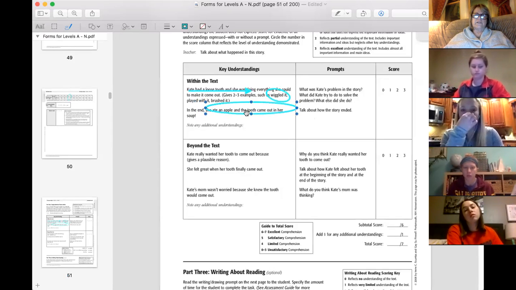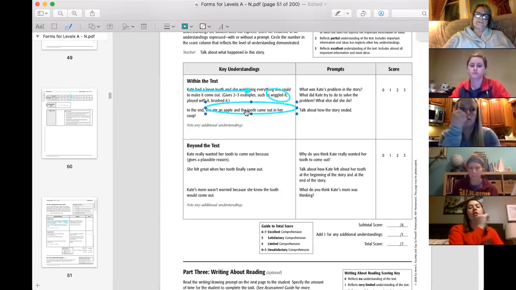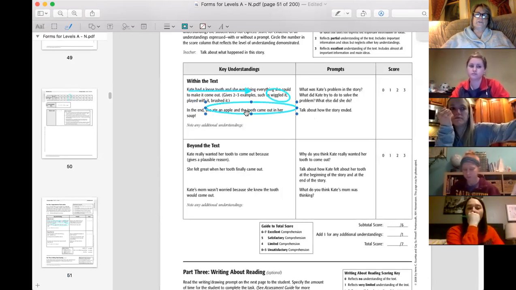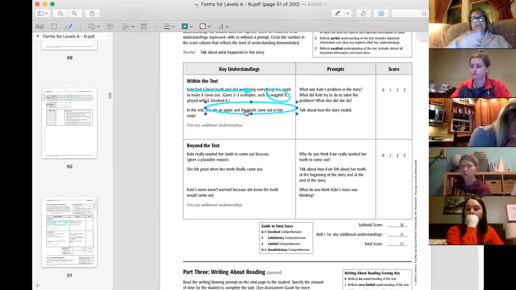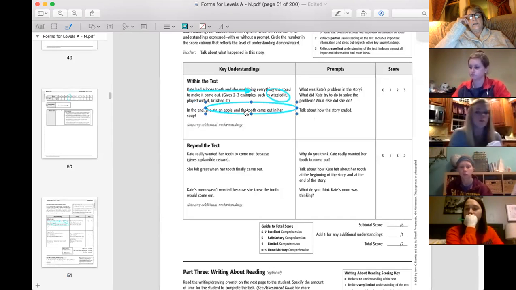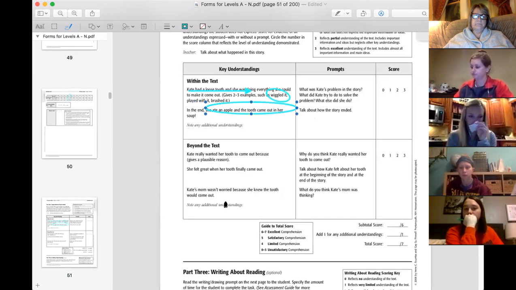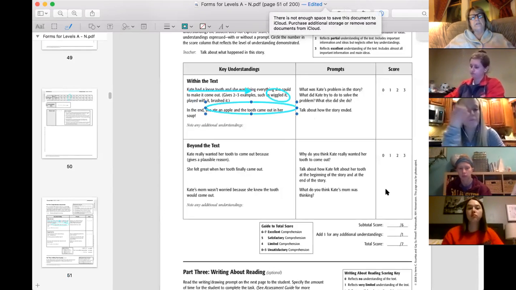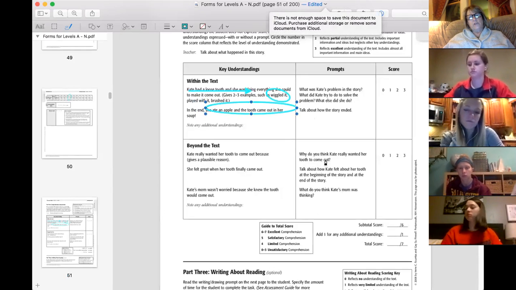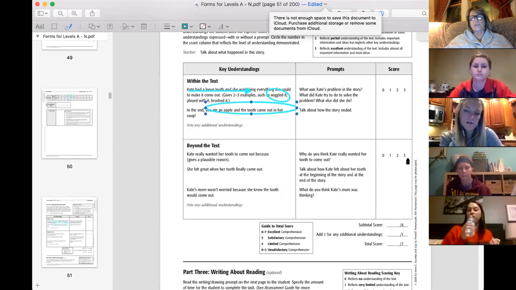So then we have to decide, are these answers going to be a 0, 1, 2, or 3? And we'll talk about that tomorrow. Right now, I just want you to be clear about how to administer these tests. Beyond the text, again, your inferences. How do you think Kate really wanted her tooth to come out?